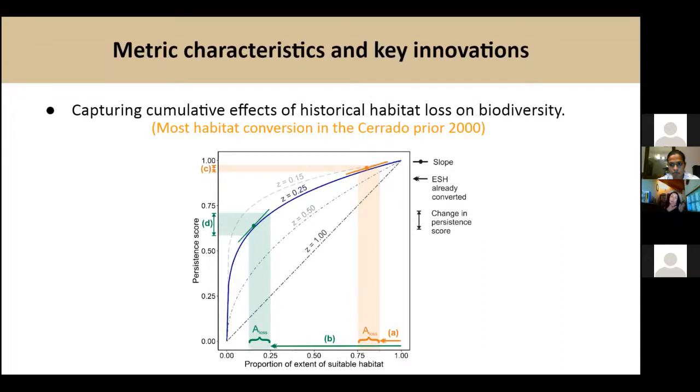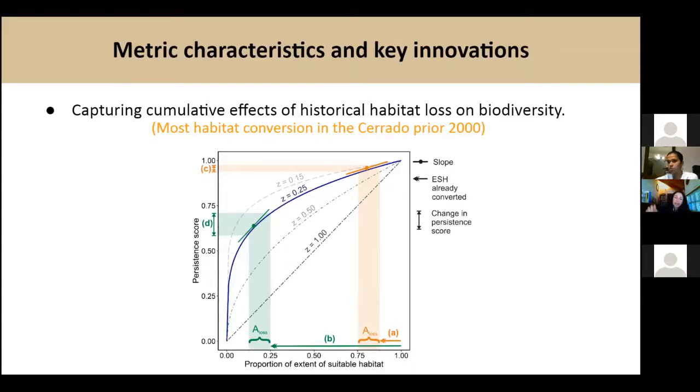And the cumulative effect of historical habitat loss was captured by assuming a nonlinear relationship between the proportion of area of habitat loss and the response impact metric that we name persistence score, and is represented in this diagram where we have proportion of extent of suitable habitat on the x-axis, and we have the response impact score on the y-axis.